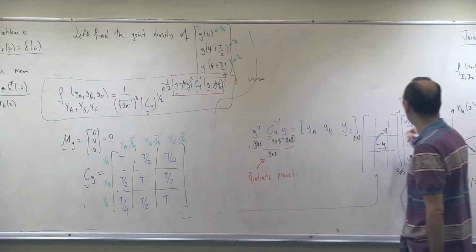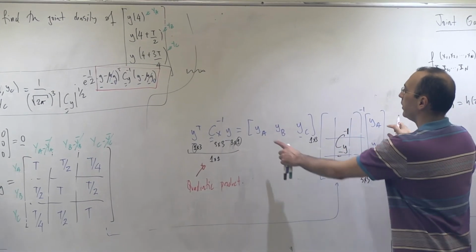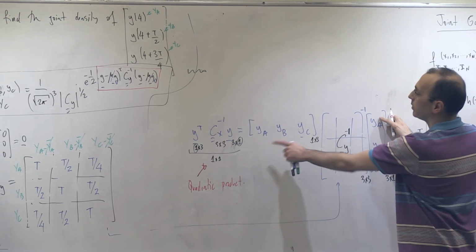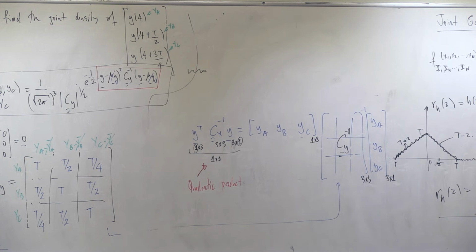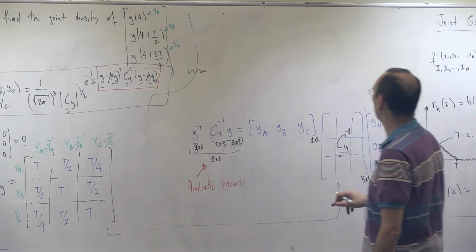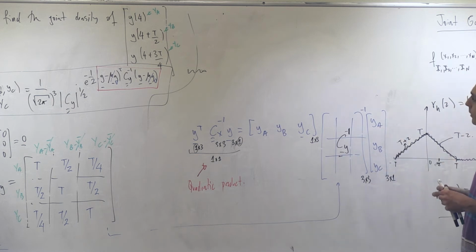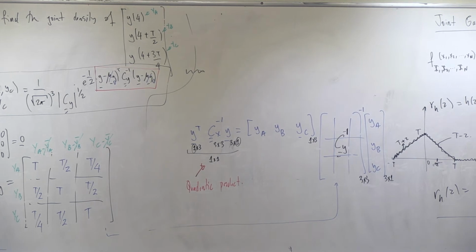The reason is, at the end, you multiply a bunch of numbers that are present over here. You have Ya times Ya at some point, Ya times Yb. So it's like a quadratic in 3 variables, A, B, C. It's a quadratic in 3 dimensions. This is the reason that this is called quadratic product.